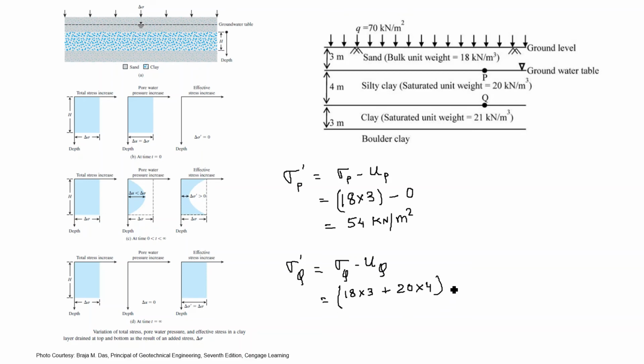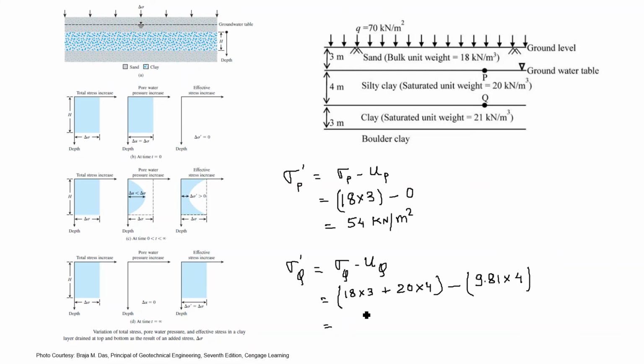This is your total stress minus pore water pressure. So at point Q, the pore water pressure is equal to unit weight of water into distance of groundwater table from this point. So this is 4 meter. So unit weight of water is 9.81 into 4.